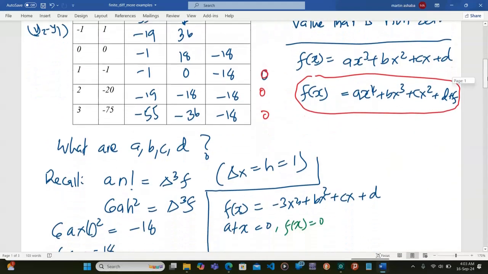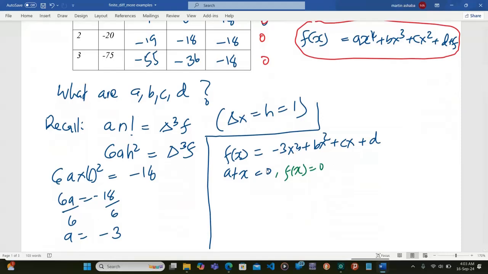So that means my 0 is going to be 0 plus 0 plus 0 plus d, meaning that our d is equal to 0. So that is the first unknown that we have obtained. We had a, and now we have determined d, so we go ahead to look for b and c.